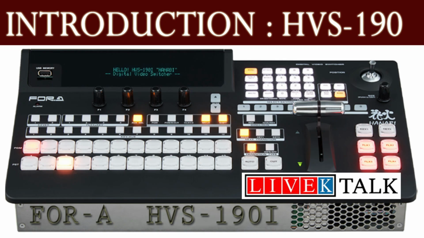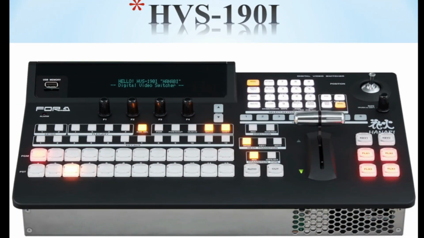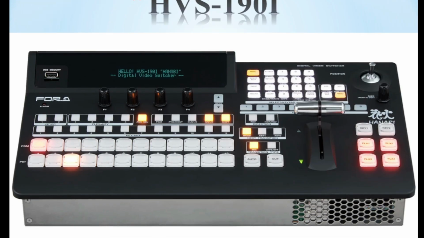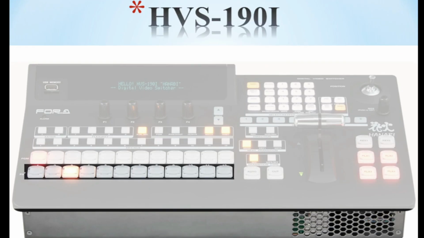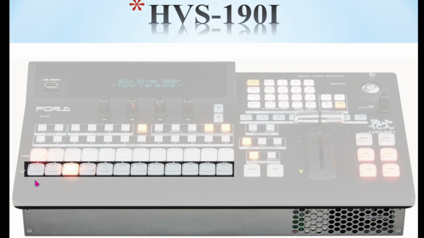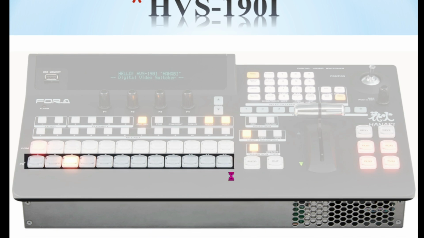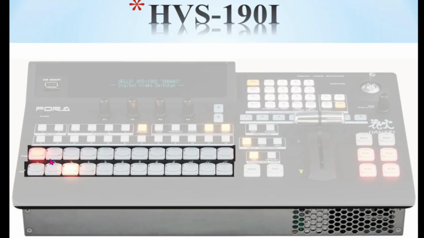Friends, it's now time to have a look at the quick features of the video switcher HVS-190I. You can see in the video there are 12 feather touch soft buttons for the preview bus, and just above the preview bus there are also 12 feather touch PGM bus buttons, and just above the preview and PGM bus there are another 12 buttons for key source and aux source selection.